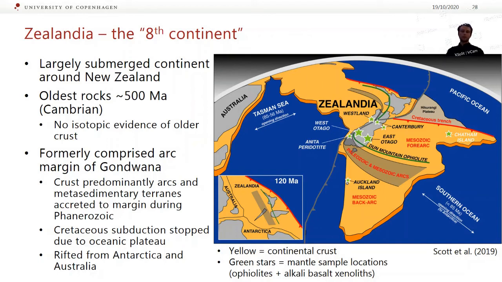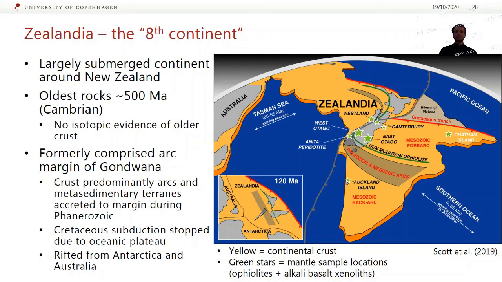So the crust is predominantly formed of arcs and metasedimentary terrains, and these were mainly accreted to this Gondwana margin during the Phanerozoic. During the Cretaceous, subduction stopped due to this, I don't know if you can see it in the kind of beige color there, the Hikurangi Plateau. That basically jammed up the subduction zone, or that's the interpretation, and subduction stopped.